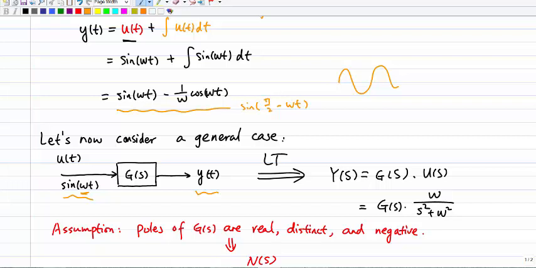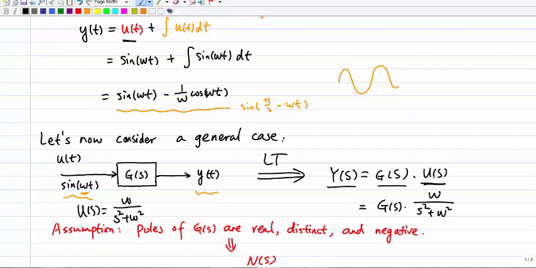So my output will be Y(s) using the Laplace transform, which is G(s), the transfer function, times the input U(s). Because u(t) is given by sin(wt), U(s) is w divided by s squared plus w squared.